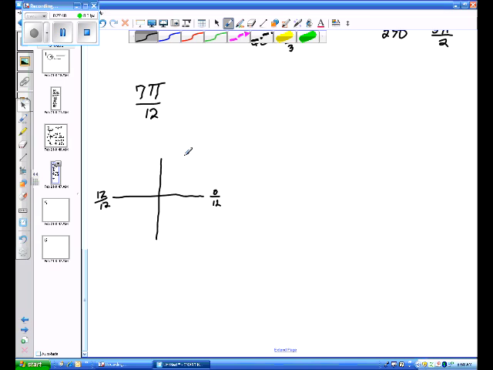So is 7/12 closer to 0 or 12? Well, 7's closer to 12. We know that halfway would be 6. So we're in our second quadrant. That would be our 7 pi over 12. If we wanted to know our reference angle, well, then it's simply 12/12 minus 7/12, which is 5 pi over 12.